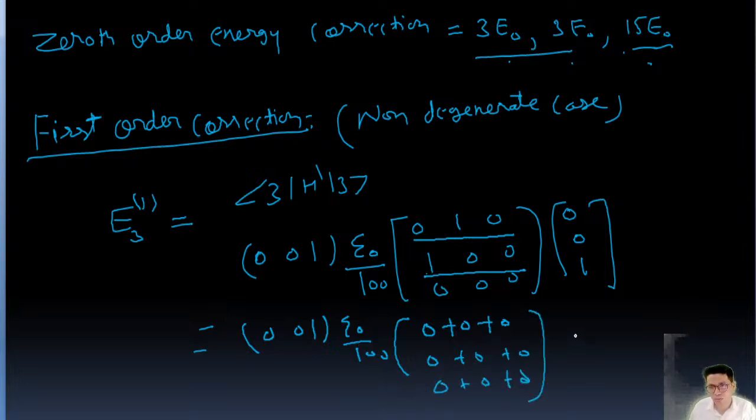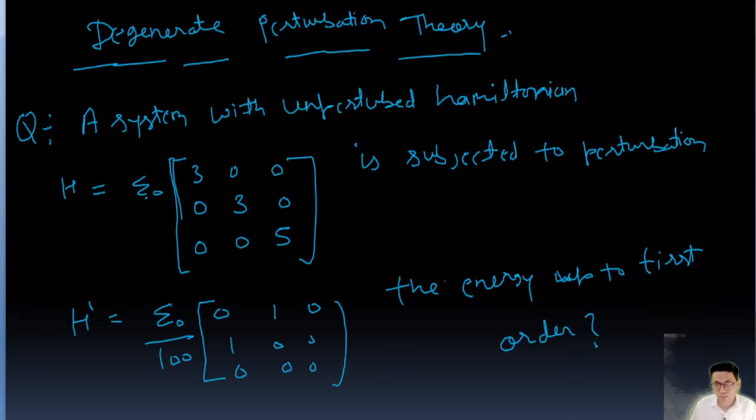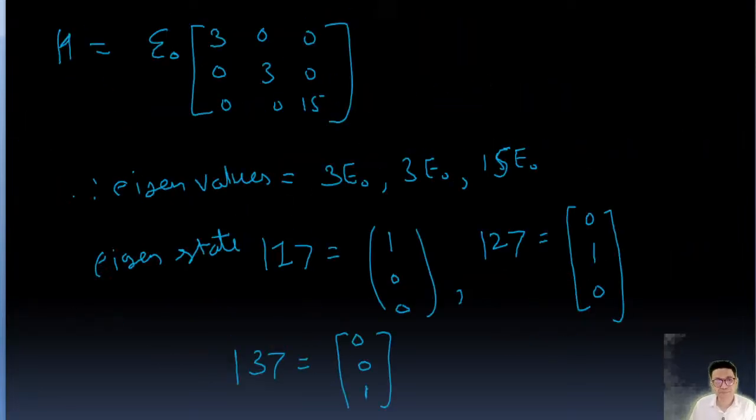So this value is going to be 0, and 0 with 0 is going to be 0. So E3^(1), the first order correction in this energy, is 0. There is no first order correction in this energy.